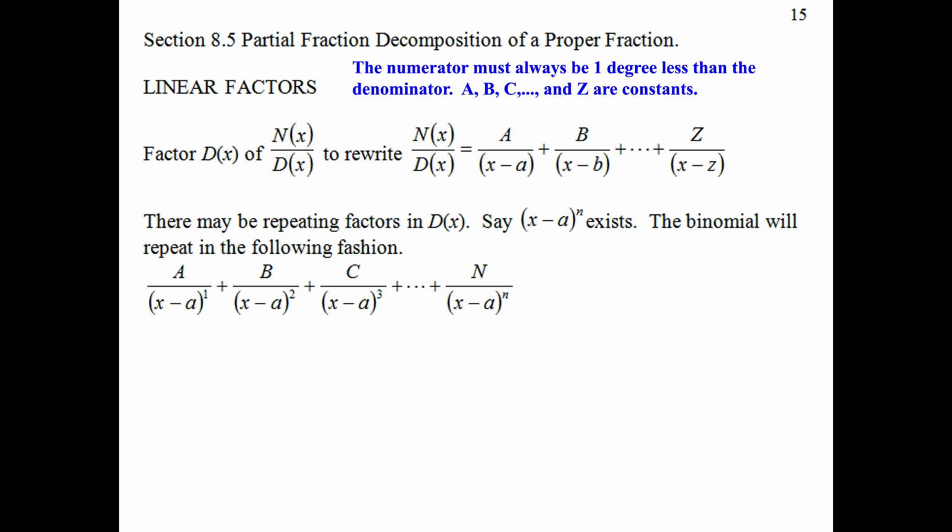All right, so numerically, let's say the answer is 7/8. Well, what are the possible fractions that you could be adding together? Since 8 breaks down to 2 times 2 times 2, you could have a denominator that's 2, a denominator that's 2 squared, which is 4, and a denominator that's 2 to the third, 8.